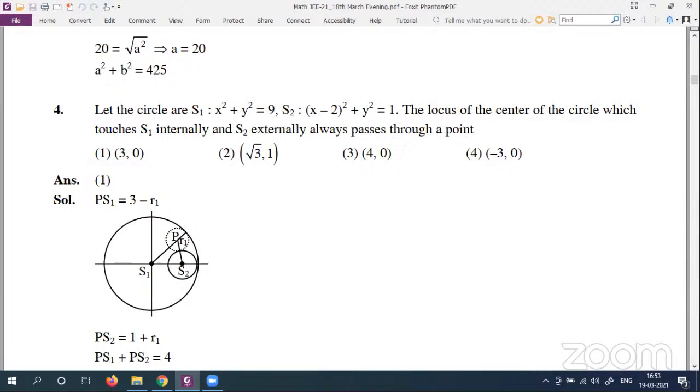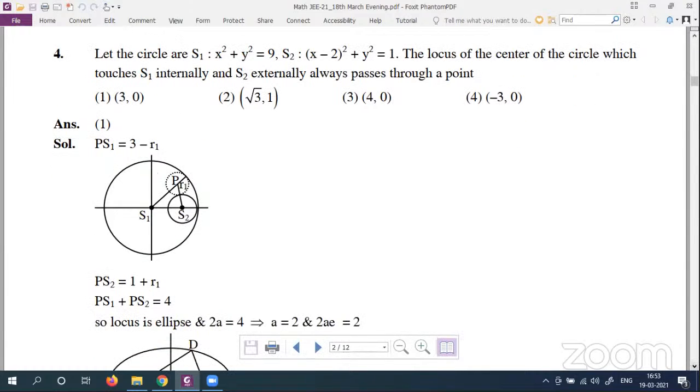Right? So always consider let h comma k be a point in the locus. So this is the point P. Now this circle, if you observe the diagram, this dotted circle should touch S1 internally and S2 externally.